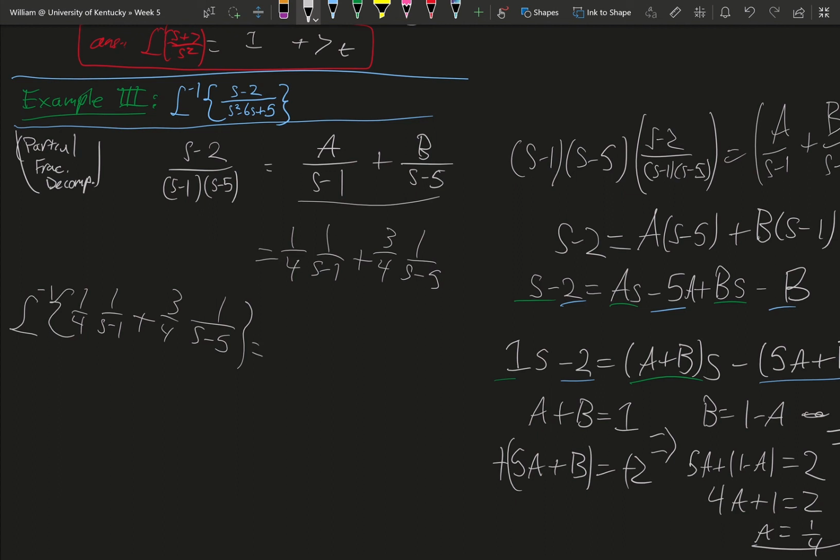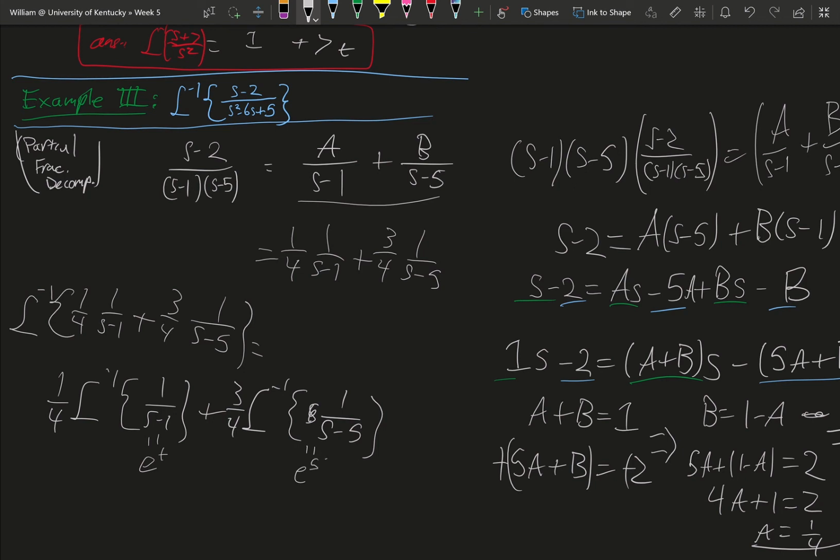We can now split it up using linearity. We note, right, this is the Laplace transform of e^t, and this is the Laplace transform of e^(5t).